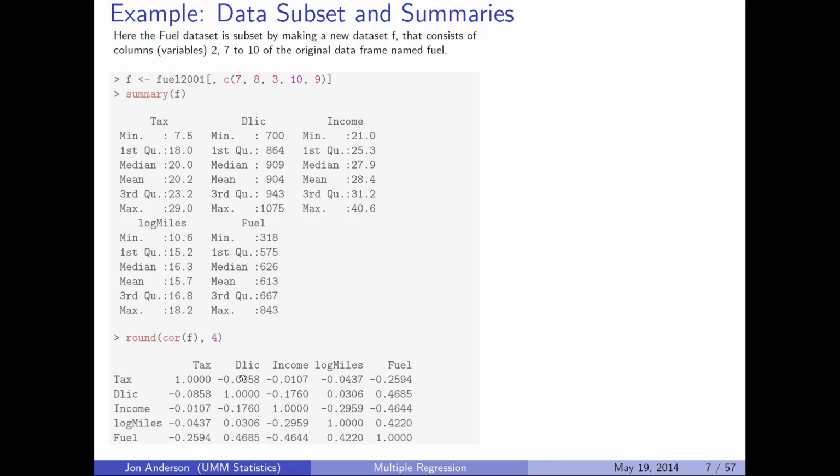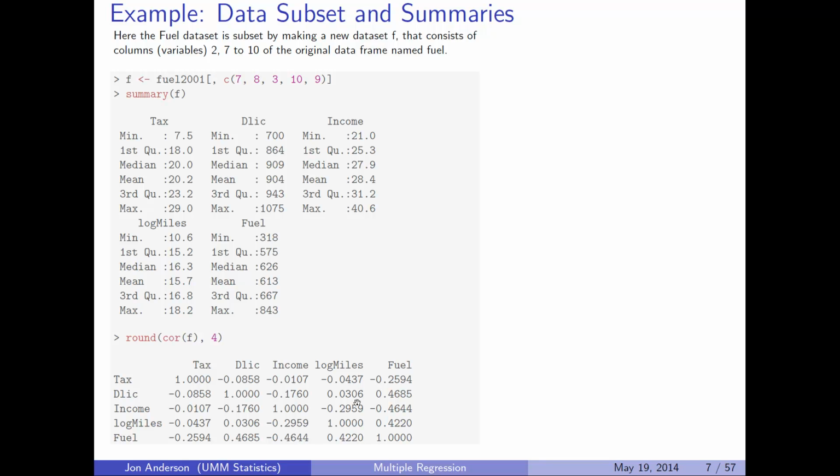Tax correlated with the fraction of licensed drivers in a state is a slightly negative correlation. Tax is more heavily correlated with fuel consumption. You'll notice that that is a substantially bigger negative correlation, and so forth throughout this matrix.